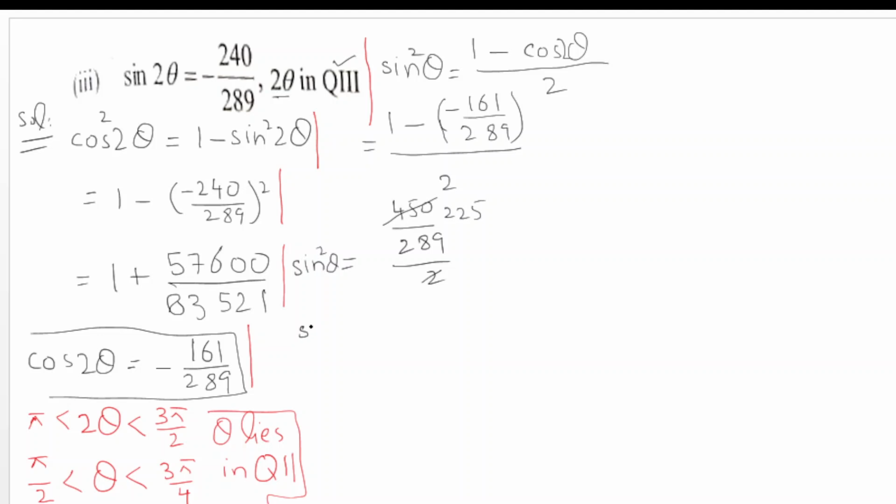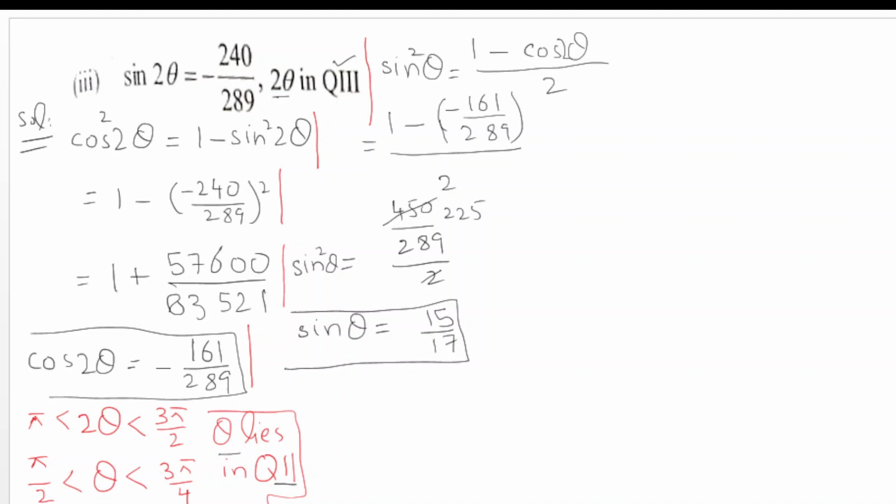So now I will just take the square root in this step and the square will be removed. So that's going to be 15 by 17. 225, 15 and 289, 17. Now we'll discuss the positive and negative sign. As we already decided that theta lies in the second quadrant, in the second quadrant sine is positive. Okay, so I hope you understand.